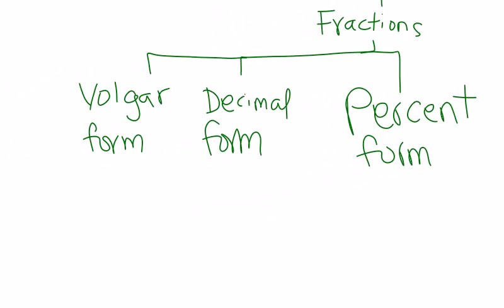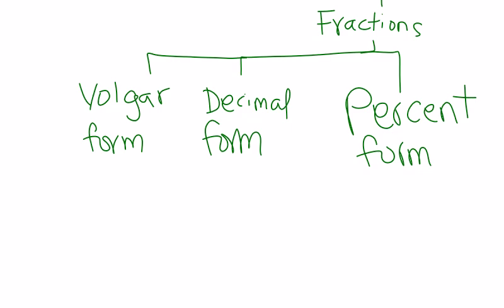A vulgar fraction is a form of fraction that expresses the fraction in terms of one number above and another below.